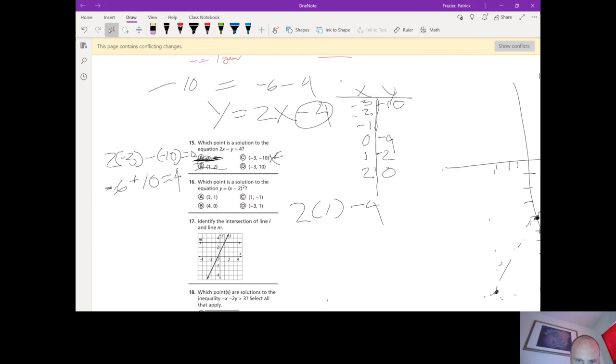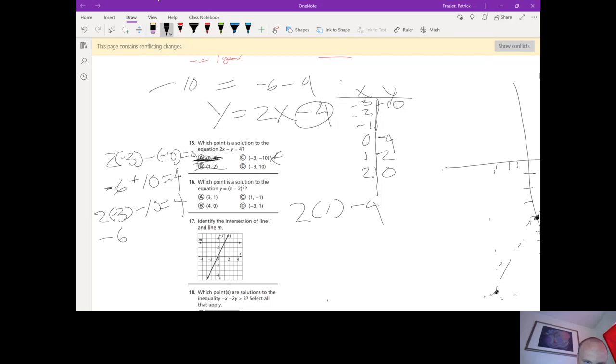D, we have negative 3, so we have 2 times negative 3 again. And then this time, minus y, so just minus 10 equals 4.